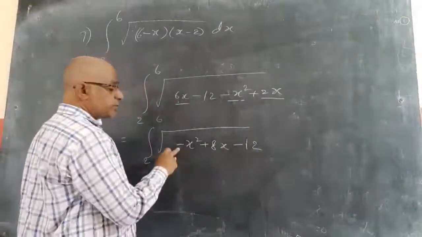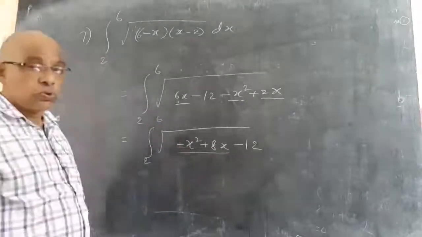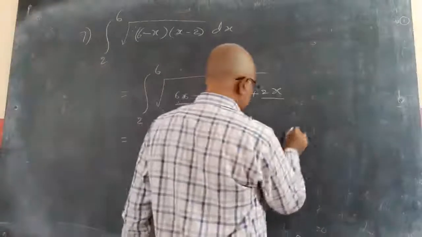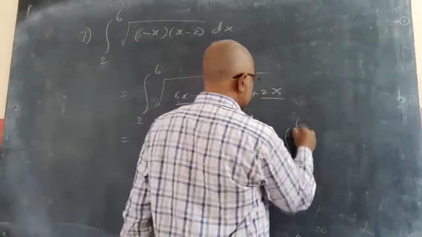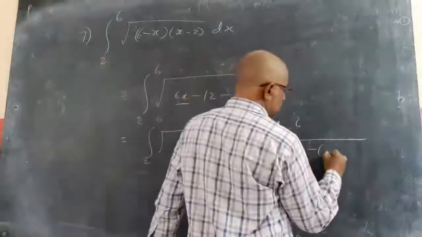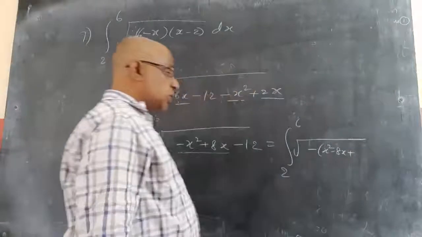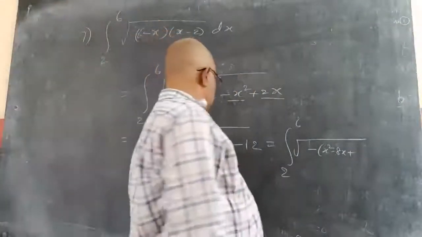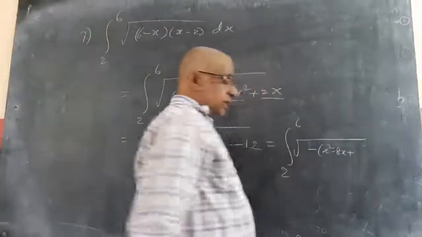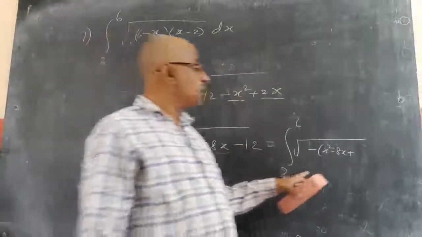The coefficient of x square is 1, so it is minus 1. So I can take minus common from these two terms, then I can go for completing square. So integral of 2 to 6 square root of, if I take minus common from these two, it becomes x square minus 8x plus 2b equal to 8. I am going for completing square at a time instead of going in two steps.